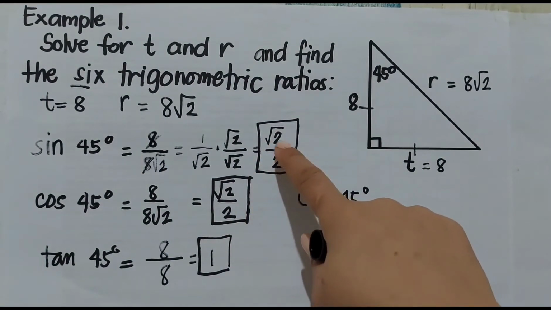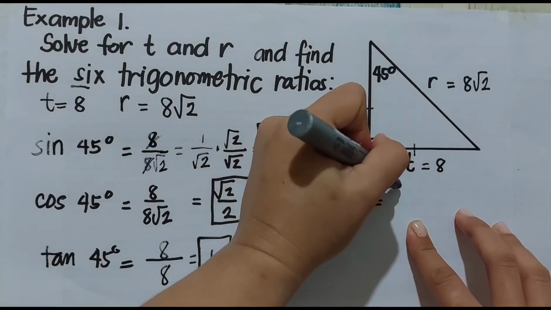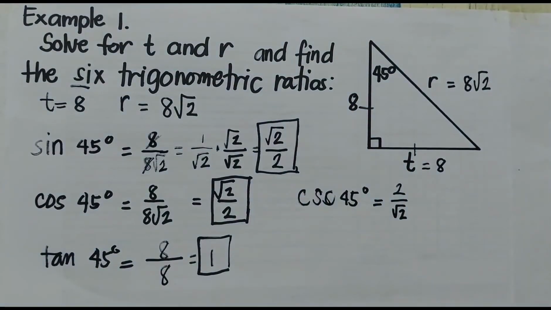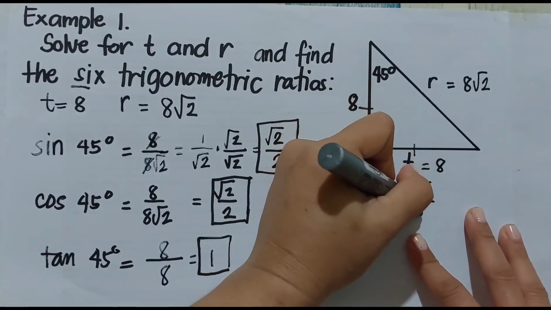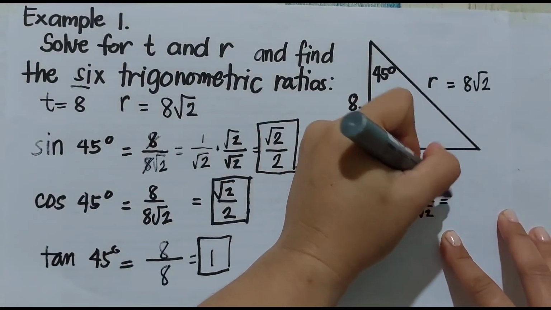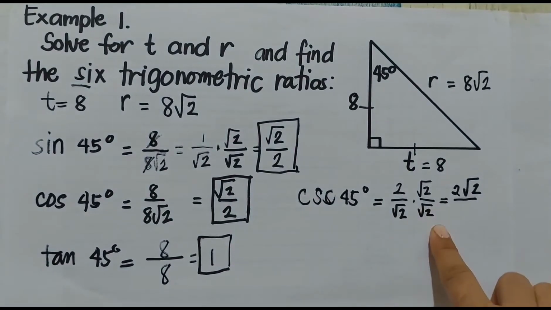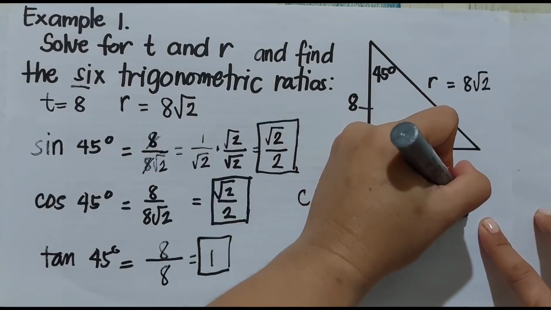So, if this is square root of 2 over 2, we flip it, that would be 2 over square root of 2. Then, we remove the radical sign. So, rationalize, multiply both numerator and denominator by square root of 2. So, 2 times square root of 2, and 2 times square root of 2 here. Then, 2 times 2 is 4. Square root of 4 is 2.